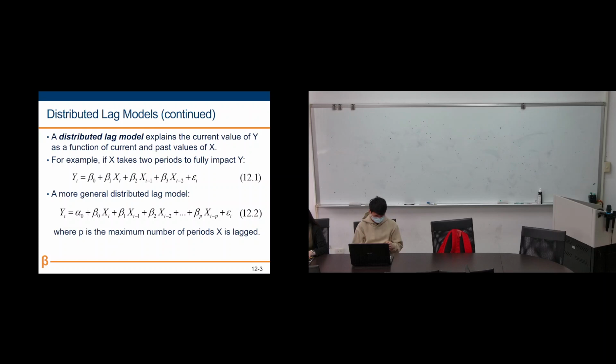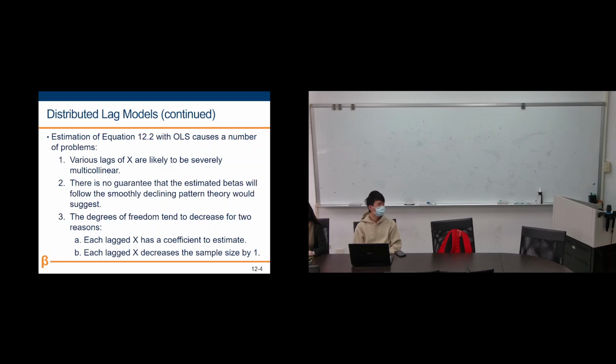So this is what we say: a distributed lag model means the current Y will be affected by several periods of X. Okay, then let's see. If I use OLS to estimate a distributed lag model, there are many kinds of problems.